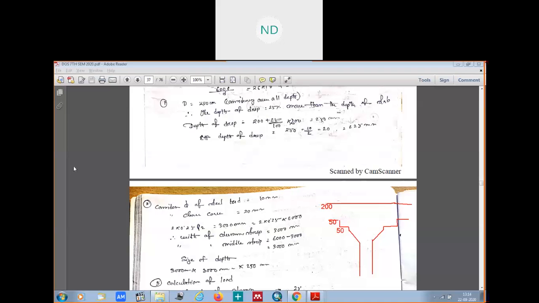So now if we see this one, this is given to us. This line, that means this is given to be how much?